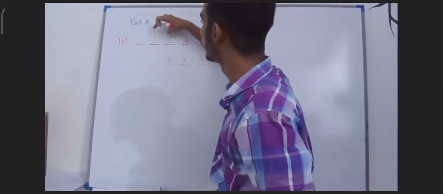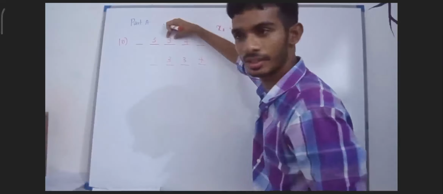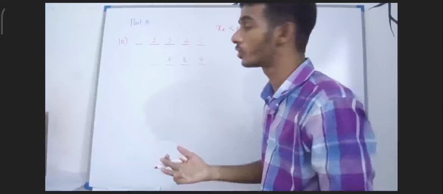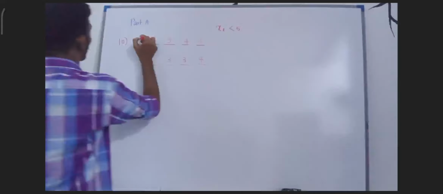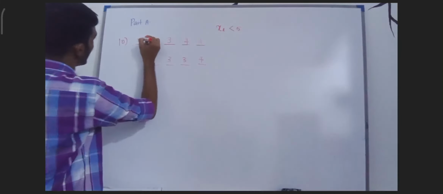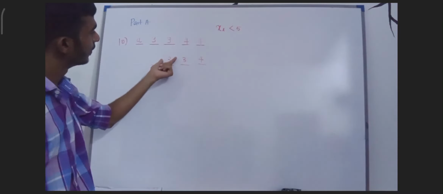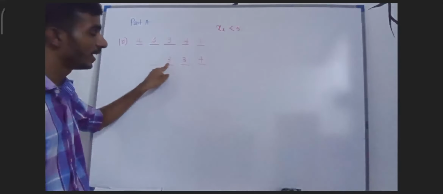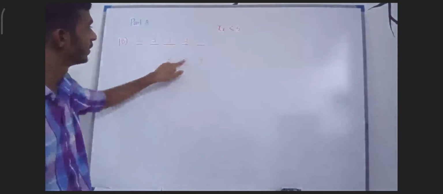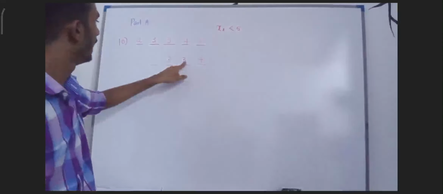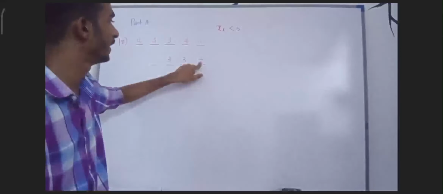So this data set has two modes and the median is 3, and they are telling us the mean is also 3, and we have to find out what this number is. Let me take it as A. If 3 is the median and 3 itself is a mode, I have written 3 over here, and after that I should have 4 in the data set.